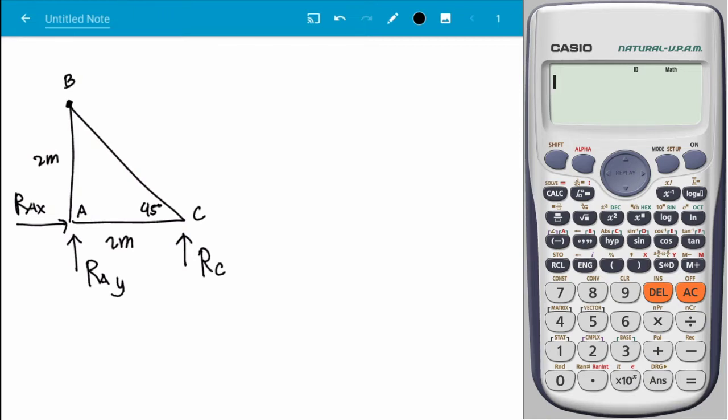Gaya nga ng sabi ko, guys, if you will try to solve for the reactions, mag-moment ka kung saan yung ibang mga forces will intersect para ma-remove mo yung forces na yun. For example, dito, tingnan nyo, if I will try to solve for RC, I will actually sum up moments kung saan yung dalawang reactions mag-intersect, yung RAX at saka RAY.